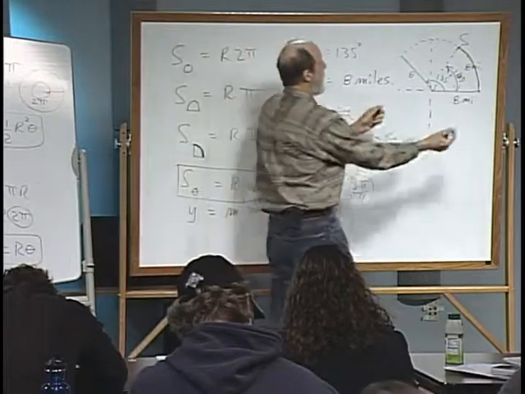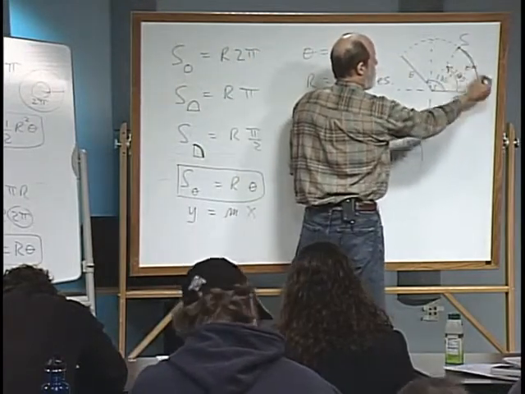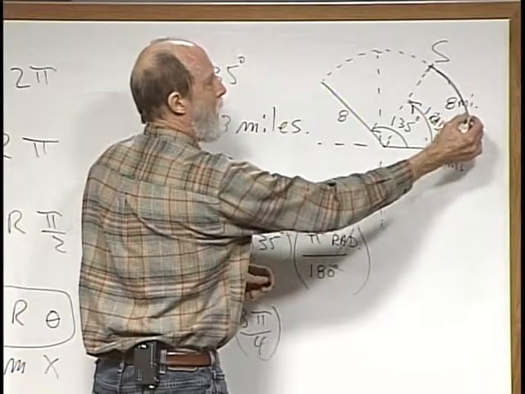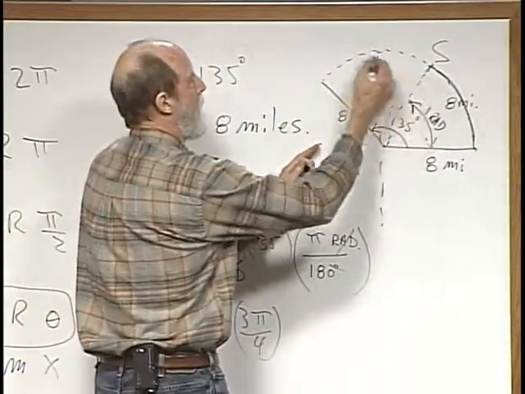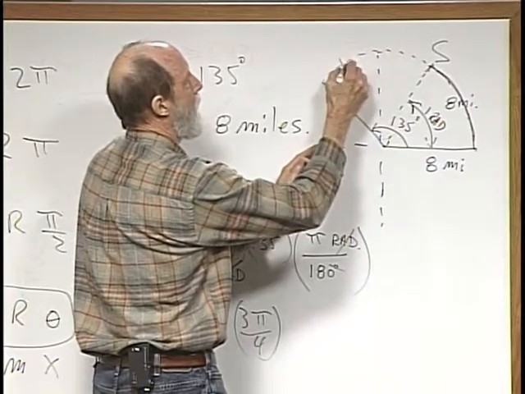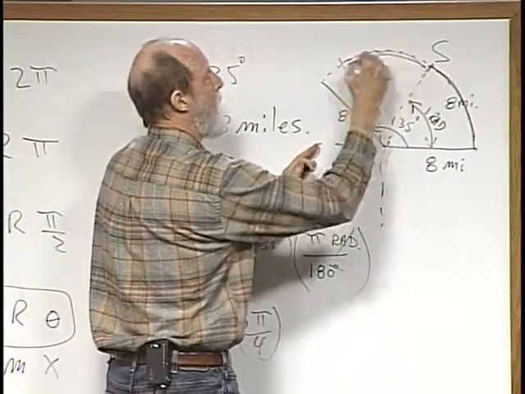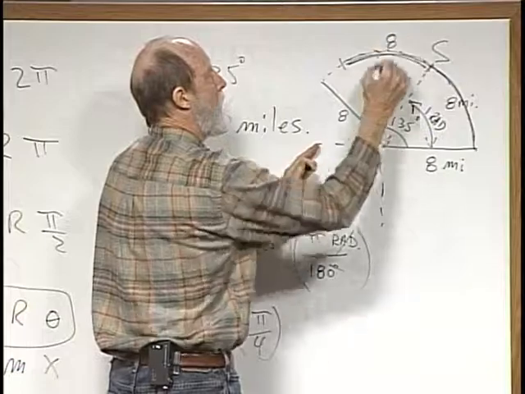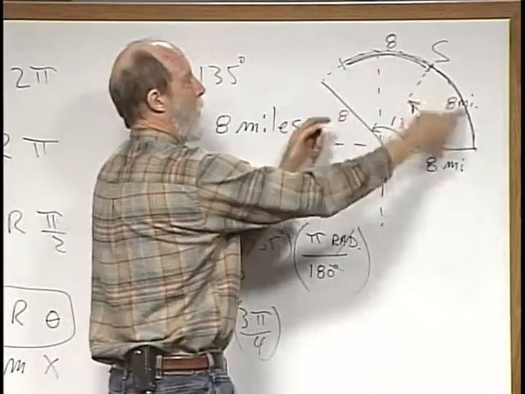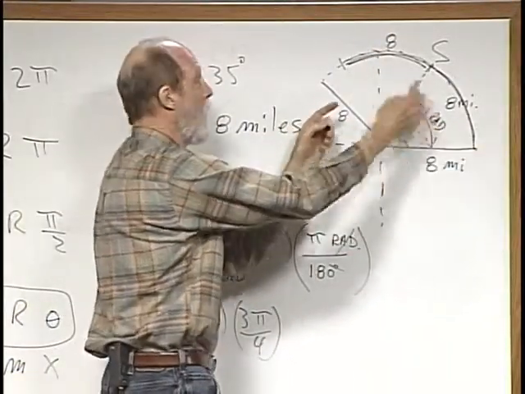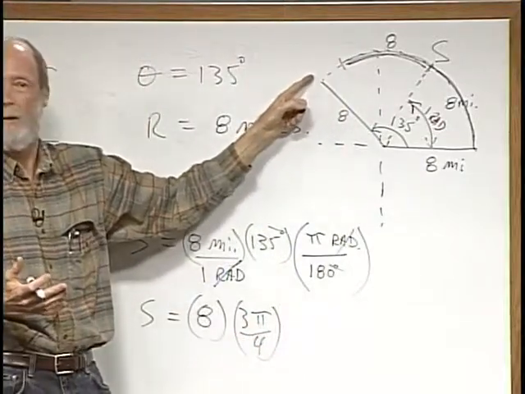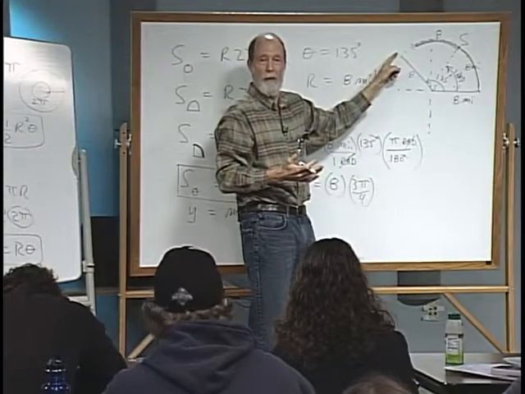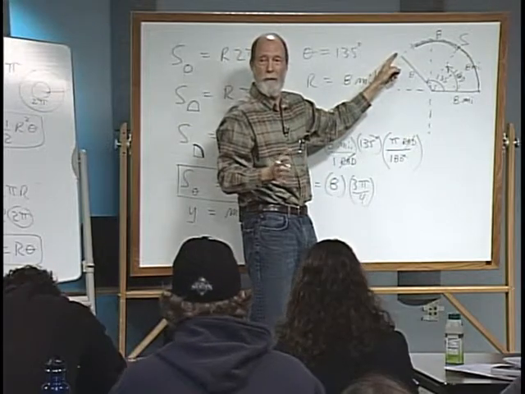So look up here. If you took this 8 miles and laid it on there, and we're going 3/4 of pi to get around here, then another 8 would be about here. You can eyeball it from your sketch. So there's 16 miles. You better expect an answer a little bigger than 16 miles when you punch this up.